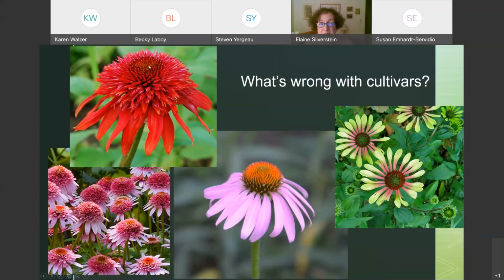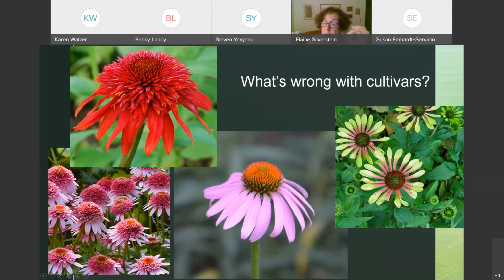This flower is a double flower of this, as is this one. There are no flowers here. This is all petals, all modified leaves. So there is no way that an insect could pollinate this flower and make seed for the next generation, because there's no flower there at all. In this one, the flower has been retained, but the color is so wonky that it's very likely that no insect would recognize this at all.